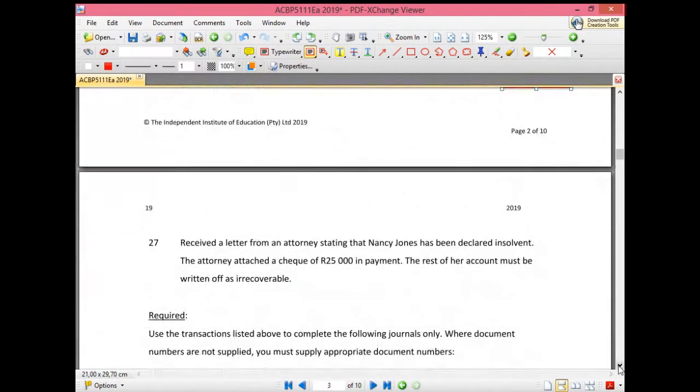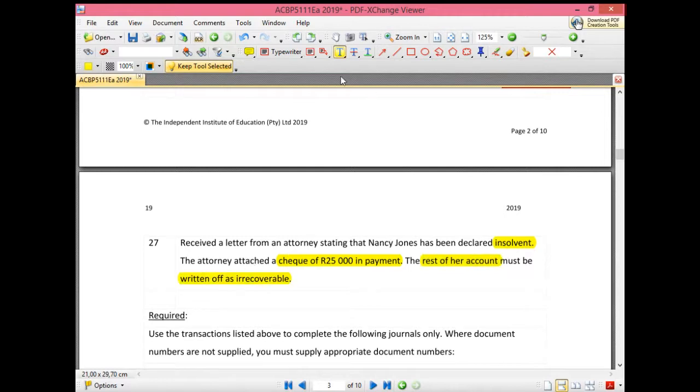Let's see if there's any more transactions. So there's one more transaction. They tell you we received a letter from Nancy Jones' attorney that stated she is insolvent. And we received a check of $25,000 in payment and the rest is written off.